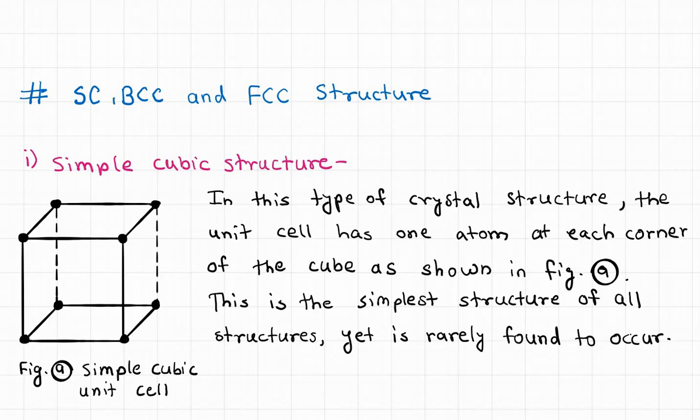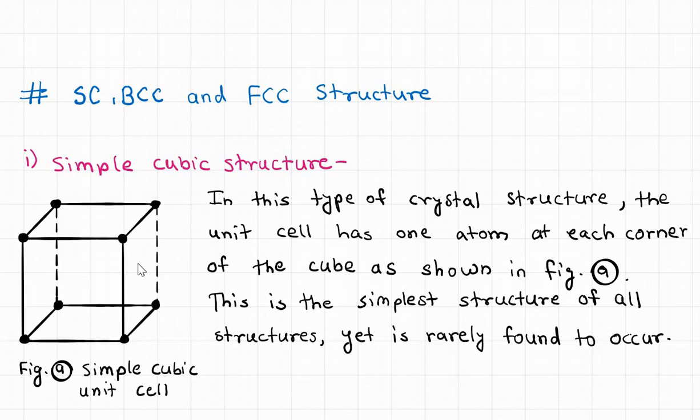Among those systems, the cubic crystal is the simplest. The unit cell of a cubic structure is a cube. There are 3 types of unit cells, which are simple cubic, body centered cubic, that is BCC, and face centered cubic, that is FCC crystal structure.